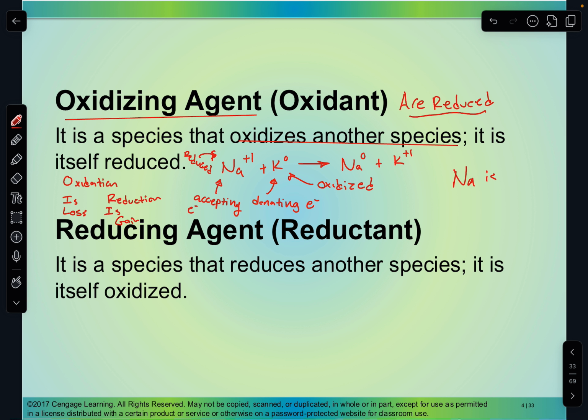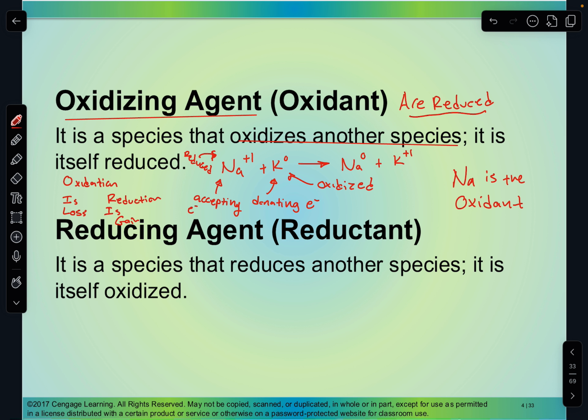Na is the oxidant. And now the opposite is true for this. So a reducing agent is going to reduce something else, which means that it is going to be oxidized. So potassium goes from a 0 to a +1. Oxidation is loss of an electron.